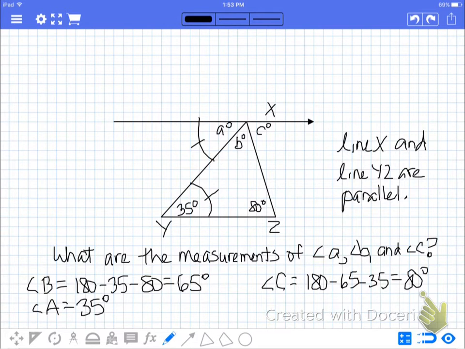In this question, I'm being asked to calculate what are the measurements of angle A, B, and C, which are designated up here. And I'm going to color them differently.